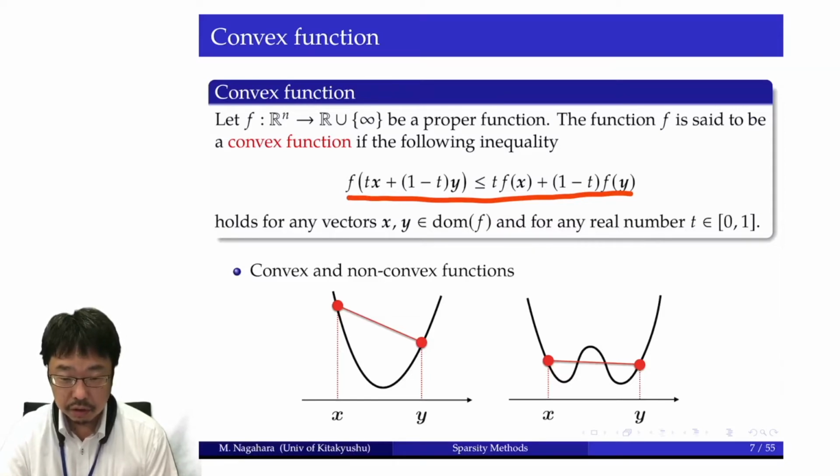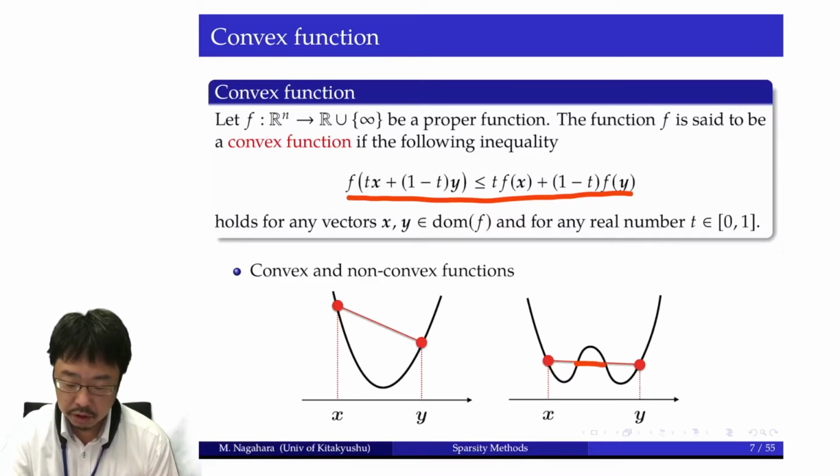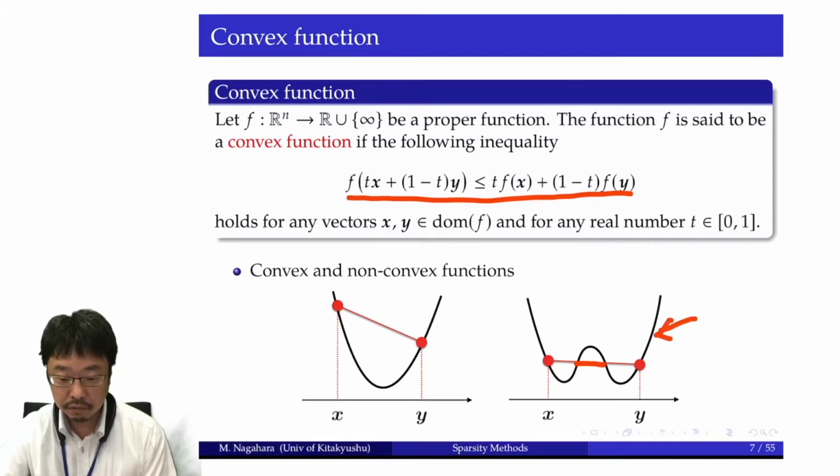These graphs show convex and non-convex functions. As you can see, the non-convex function has a part where the line between x and y is below the curve. So this is a non-convex function.